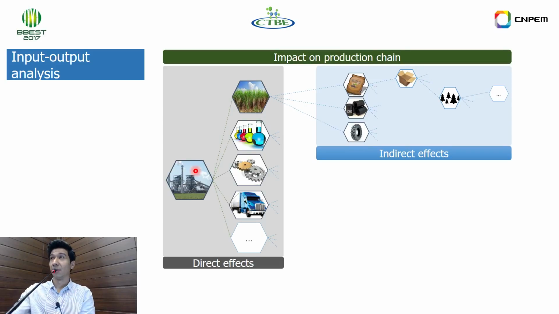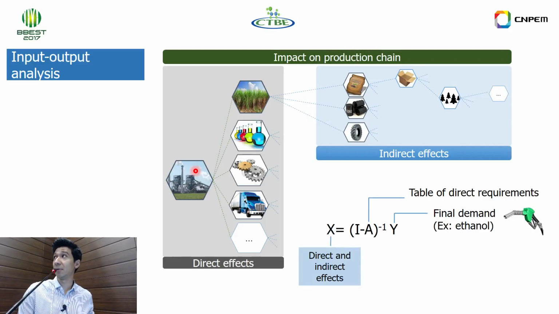So this round of sectors is complex, and this system can be solved by using this equation. Basically, what we don't know is the impacts over the economy, which is the x. The x is a vector of direct and indirect impacts over the sectors. So it's a group of sectors.